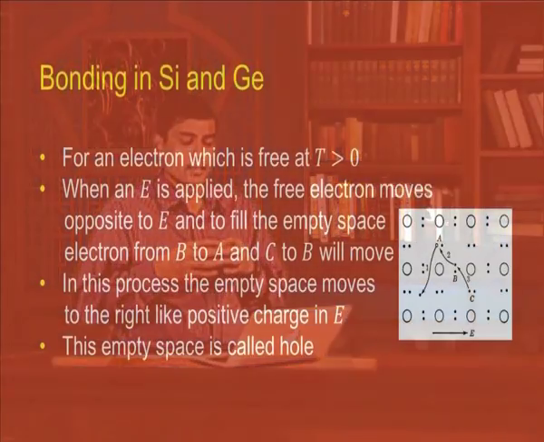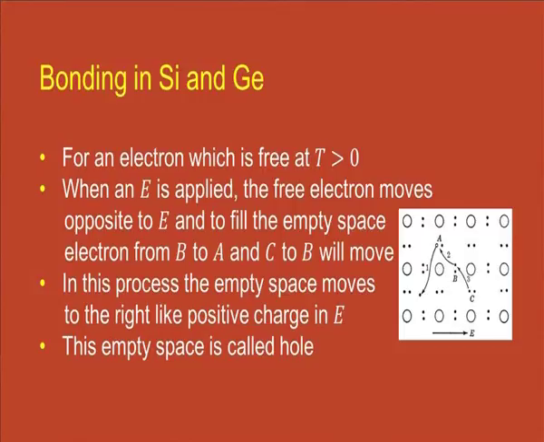Now, for the electron which is free at a temperature greater than 0, if we apply an electric field to the material, we will find that the free electron moves opposite to the direction of the electric field.